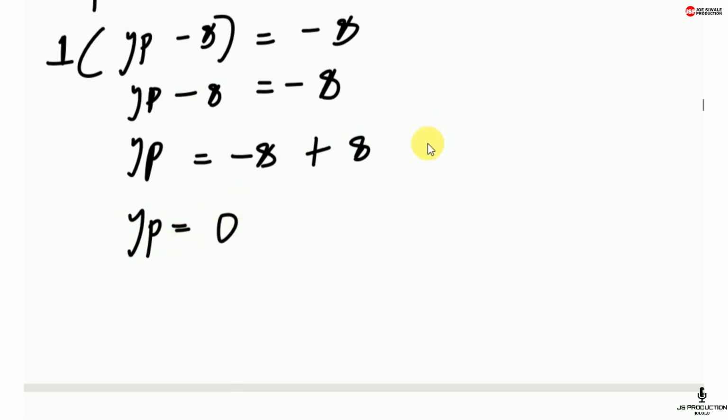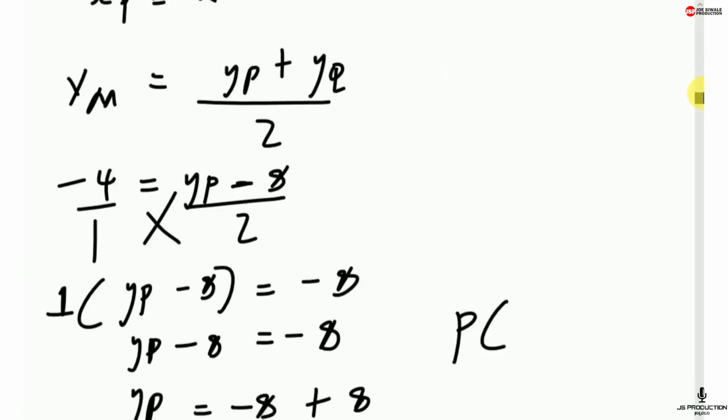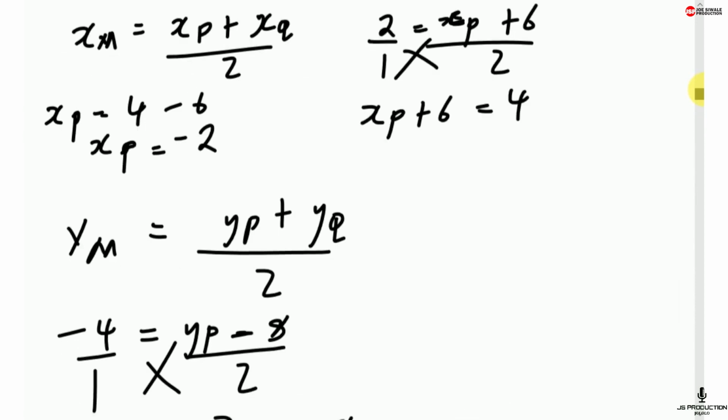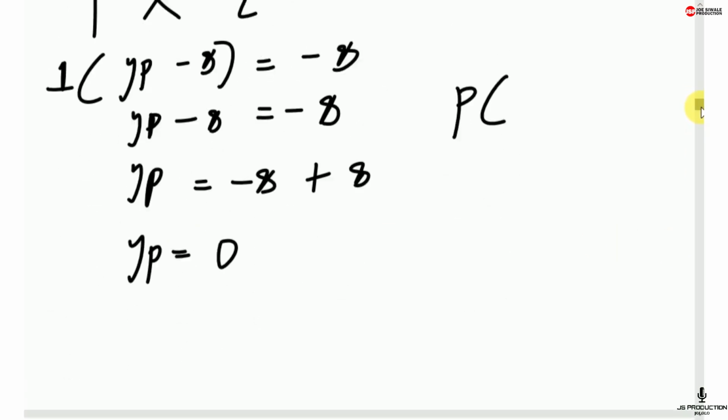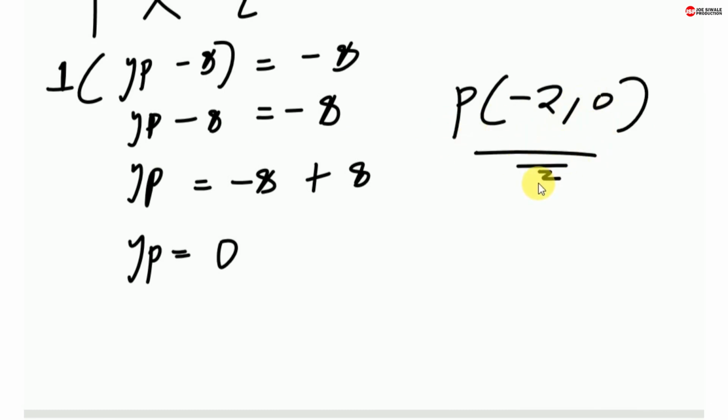So we can say the coordinates of P. For x we calculated -2, as you can see, so that's -2. So the coordinates of P are -2, 0. So that's the coordinates of P. So that's going to be your answer.